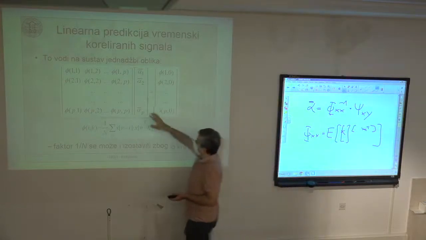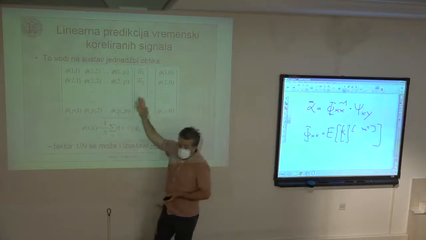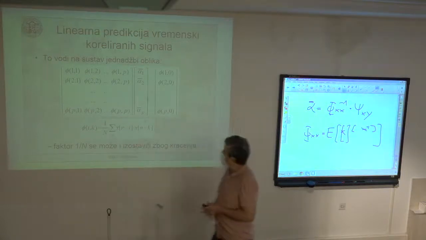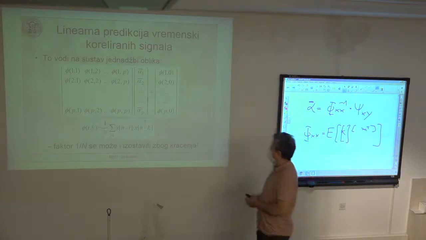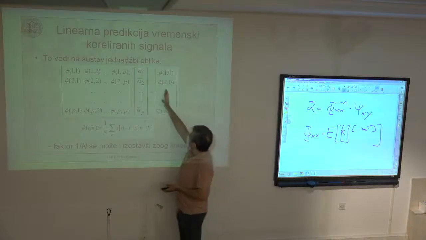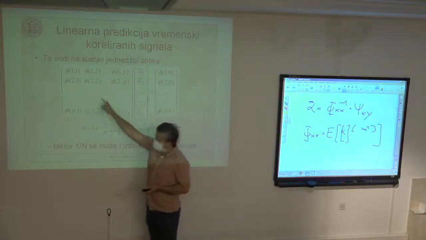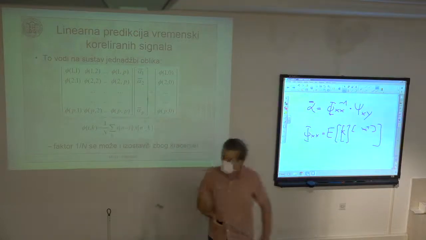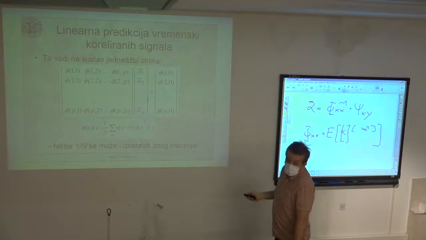It is simply a P by P matrix. This is the vector of unknowns, the optimal predictor coefficients alpha 1 to alpha p. And this here is the correlation column between each component of the source and the target. Each element here, phi of i comma k, is given by this equation.